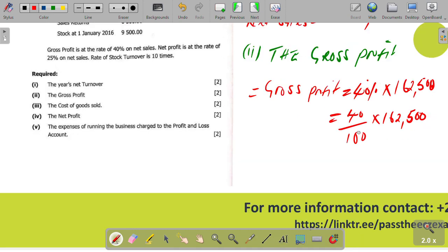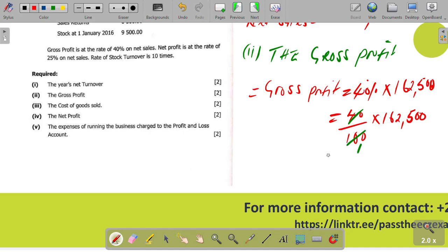Meaning you can cancel this 20 and cancel those 20, then multiply 40 by 162,500. Or automatically you can just do this. You can just say 100 into 100, 100 into 40.